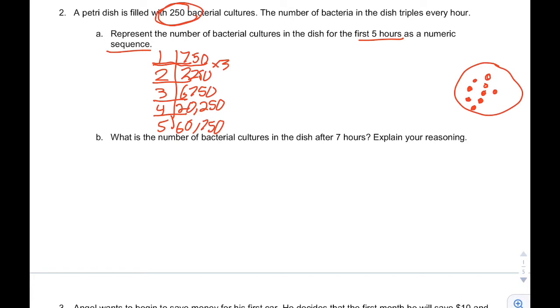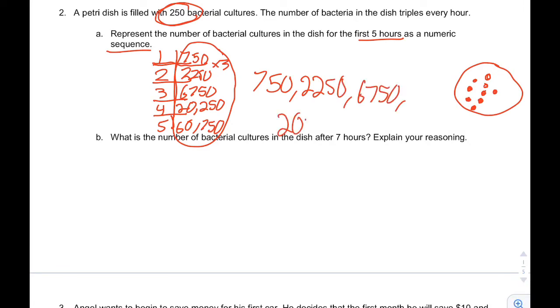Alright, so these are all the values I got for the first 5 hours. Now, since it did say to represent this as a sequence and we gave a table, all we have to do is take these y values and list them out as a sequence. So a sequence is just a list. So it really is just this. Alright, so we're good with that one.